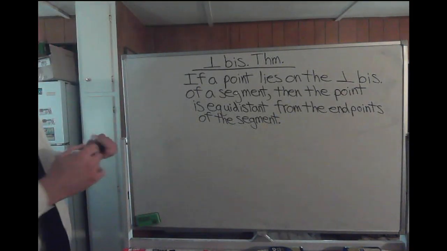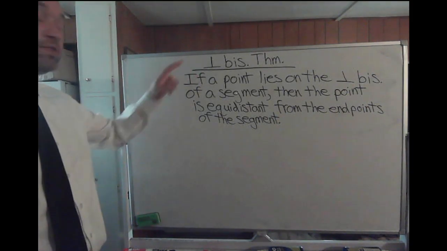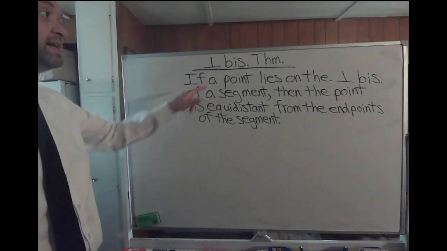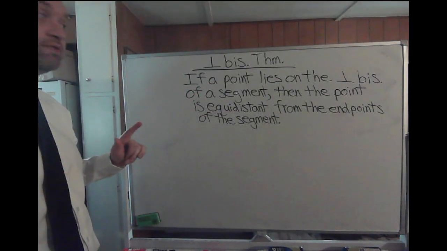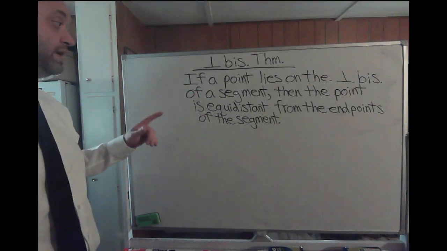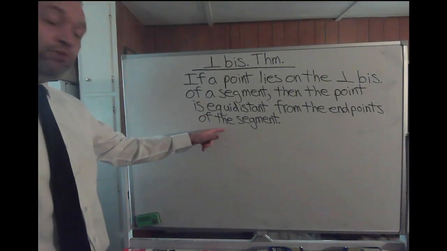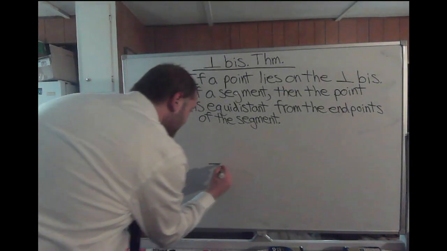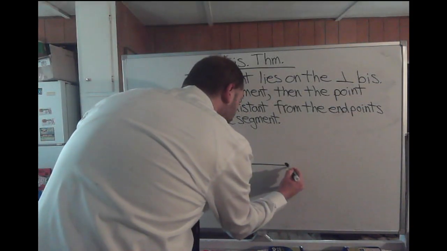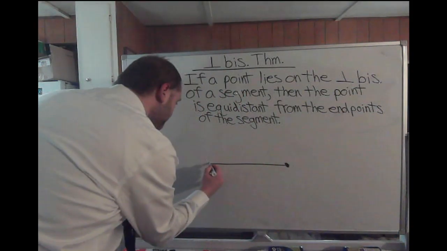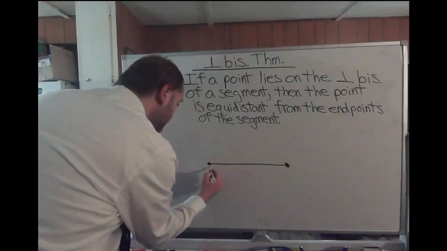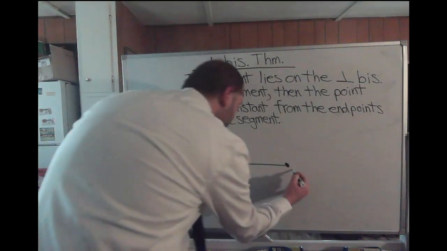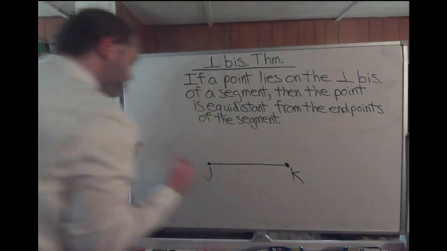Alright, so the first part of the perpendicular bisector theorem states that if a point lies on the perpendicular bisector of a segment, then the point is equidistant from the endpoints of the segment. So let me illustrate that real quick here. So let's say that I have, we'll do line JK again here, right?